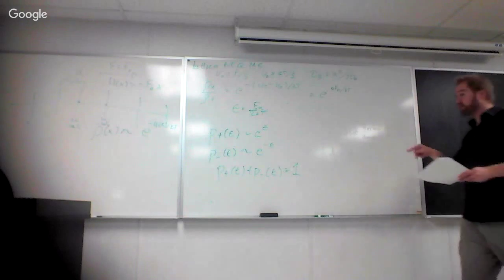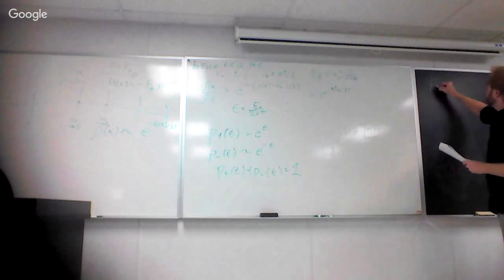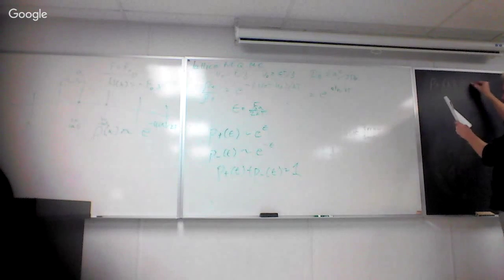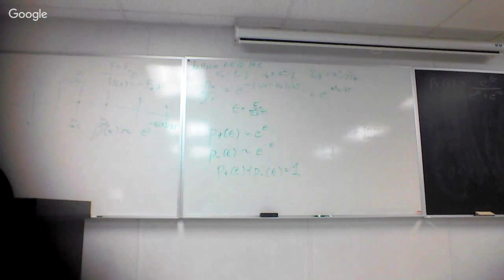So what does that result imply for us? Well, it tells us that P positive at epsilon is going to be equal to e to the epsilon over e to the epsilon plus e to the minus epsilon. And if we divide everything by e to the epsilon, we get 1 over 1 plus e to the negative 2 epsilon. Cool?